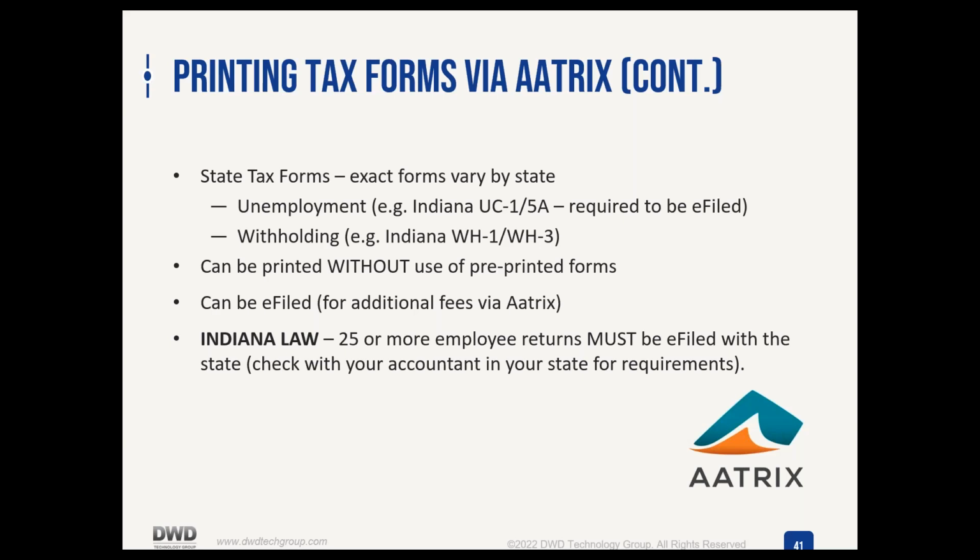The WH-3 is the annual summary that gets processed with the W-2s and the W-3. So the W-2, W-3 is the federal summary form. The WH-3 is the W-2's state summary form. And for those that do not need to be e-filed, you can use plain paper.